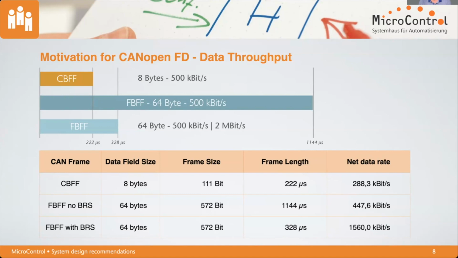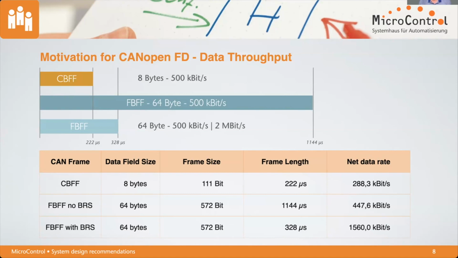So if we're doing the same bit rate, but now with a larger frame size of 64 bytes, we have a throughput of 447.6 kilobit, which is 1.5 times more than with classical base frame format. And just by the way, I'm not using bitrate switching at this time. So just switching over to the CAN FD frame gives me more net data throughput.